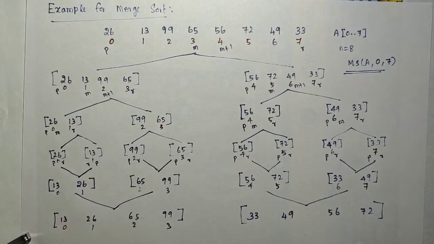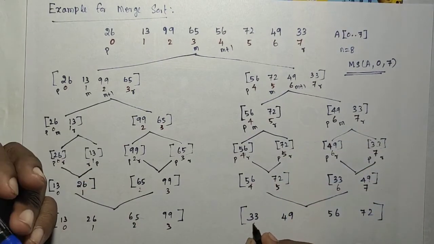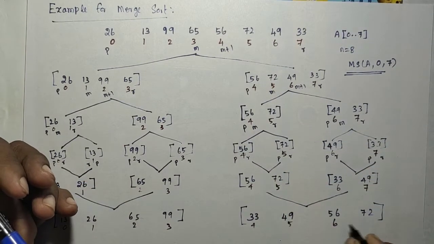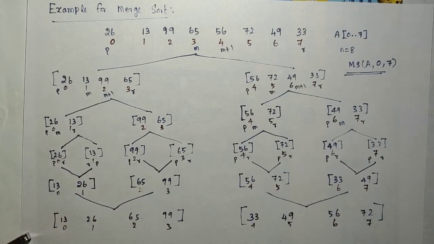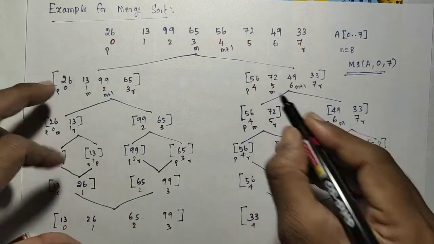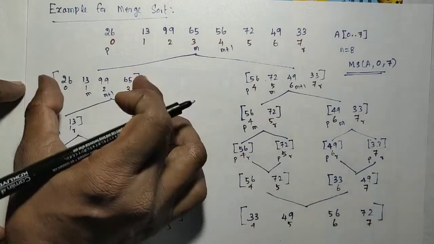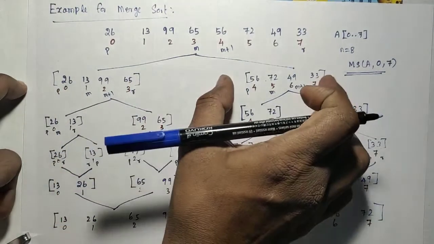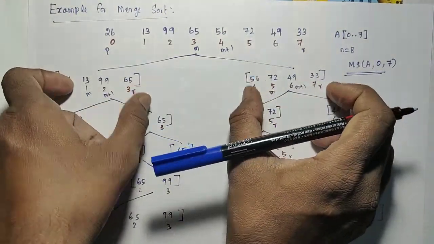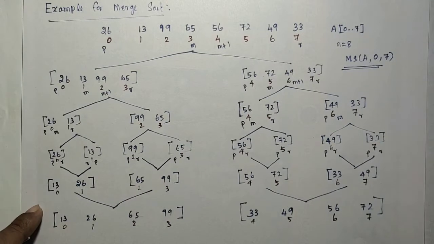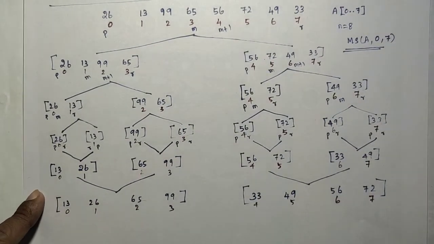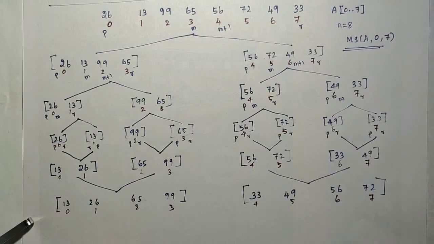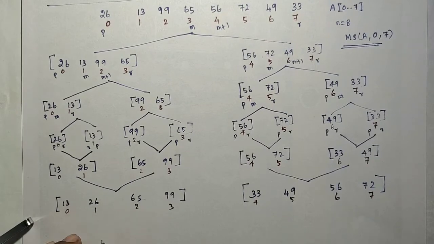This is the result for the right half, indexes 4, 5, 6 and 7. See, this half is sorted like this and this half is sorted like this. Next I have to merge these two halves. For that I need to apply the merge sort algorithm, so that it will be merged like this.